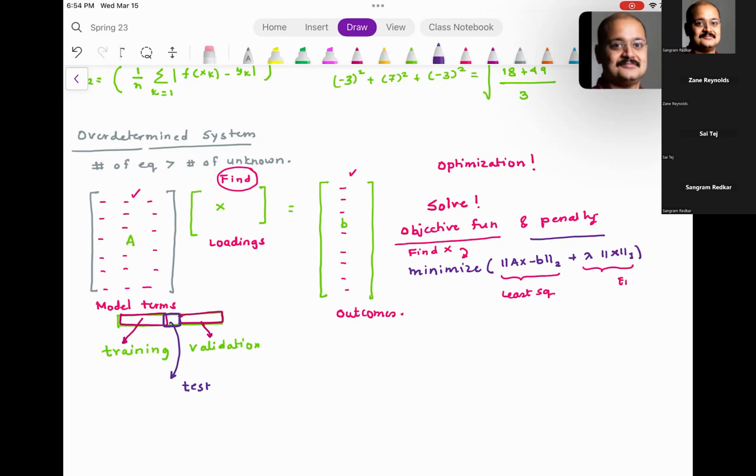So what you do is you do your training on this, you perform your validation, see if you're getting good results on the validated data, and finally use the test set to make sure that your approach and your algorithm are working.